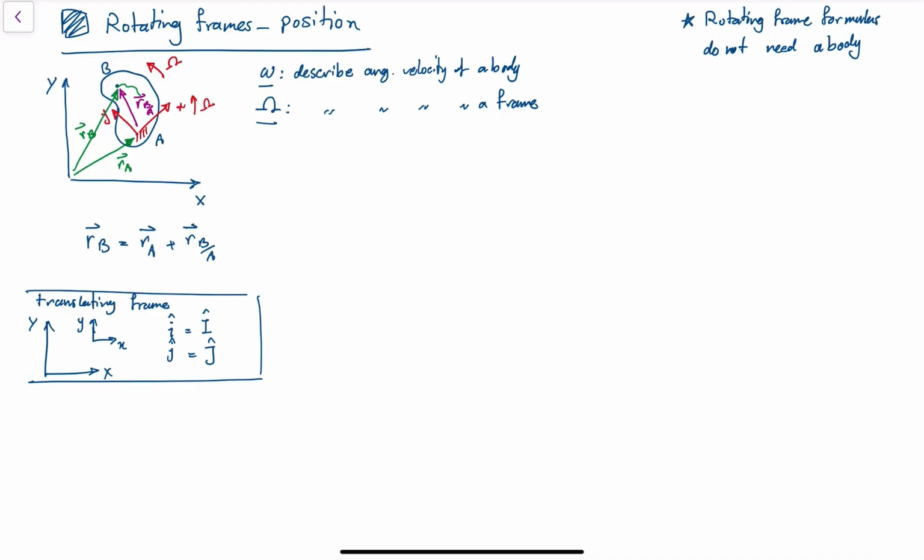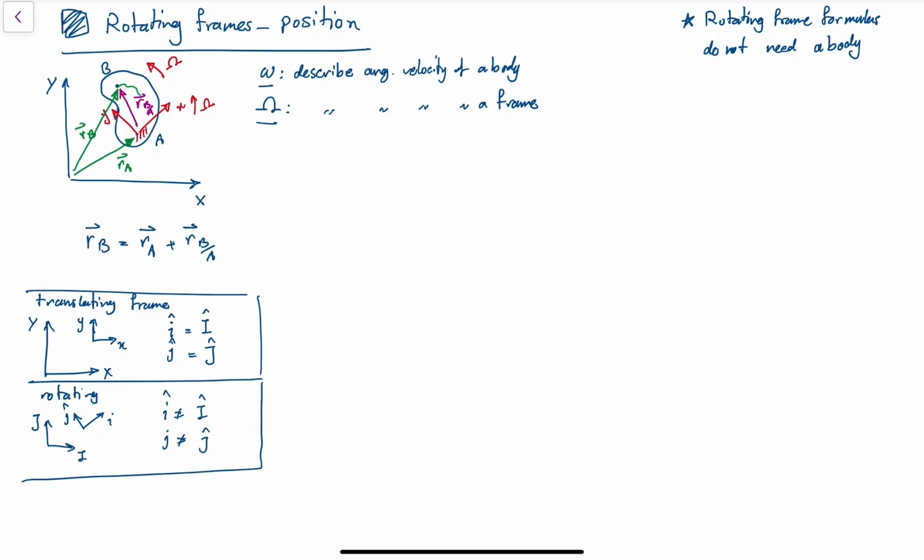So really, we didn't care about working with coordinate or unit vectors of the local frame or the global frame because they were the same. But now, when we are dealing with rotating frame, this is your big I, big J, but now your little i, little j are turning, and they are not the same anymore. Little i is not the same as big I, little j is not the same as big J. They change.